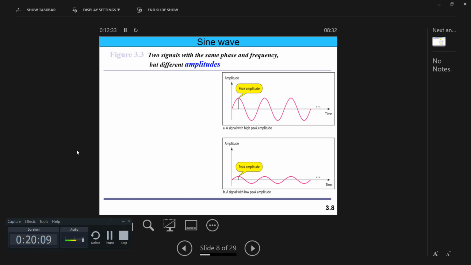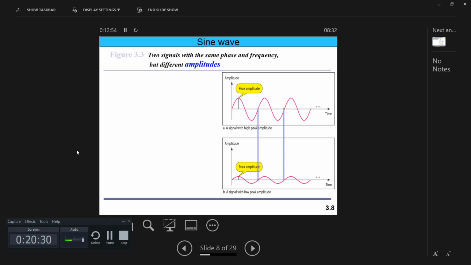The sine wave will have amplitude. For example, these two signals start at the same point, have the same phase, the same period, so the same frequency, but different amplitude.